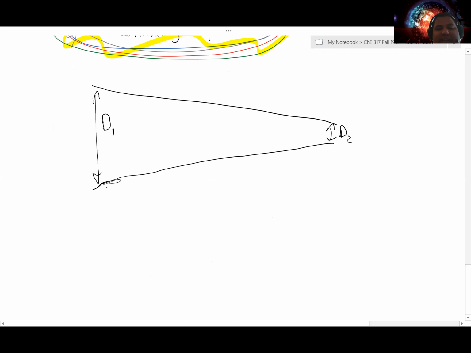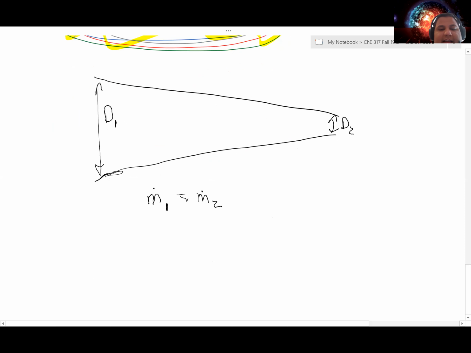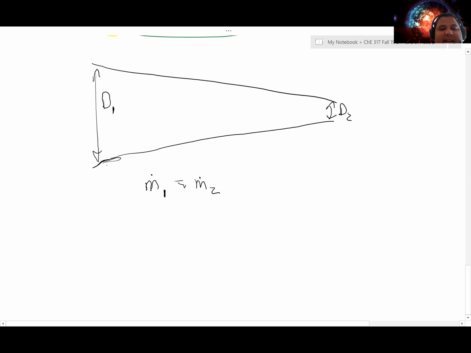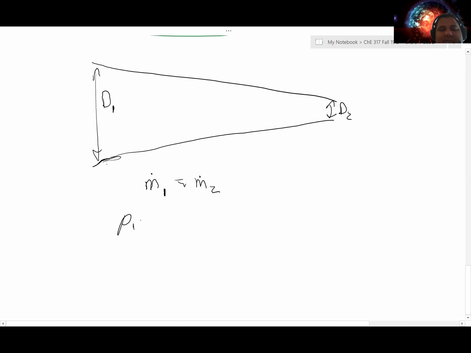Well, I can develop that same mass balance. M1 is equal to M2. Then I can apply what I have in terms of the continuity equation, and I can say rho 1, U1, A1 is equal to rho 2, U2, A2.